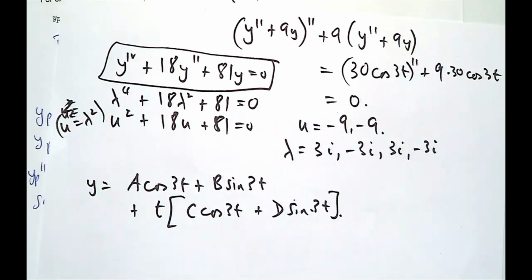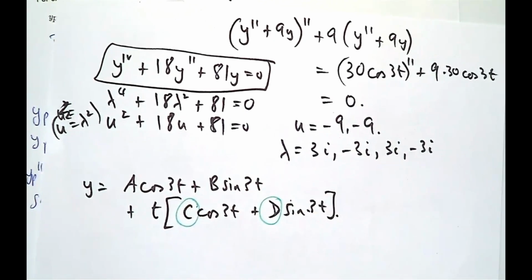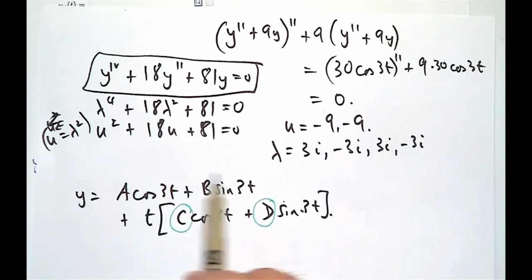Now, if I was doing this in an exam, would I solve it this way? No. You can if you want, but I wouldn't do it, okay? So all you need to do to solve this problem is find that value and that value, right? And you do that by putting this in.